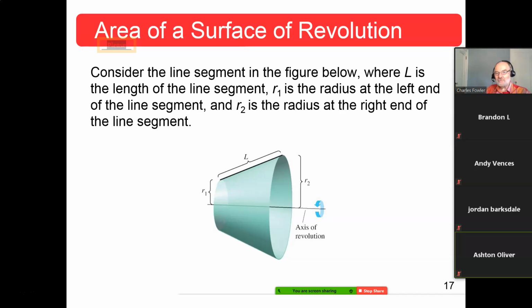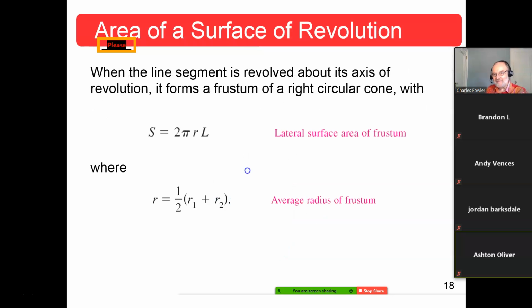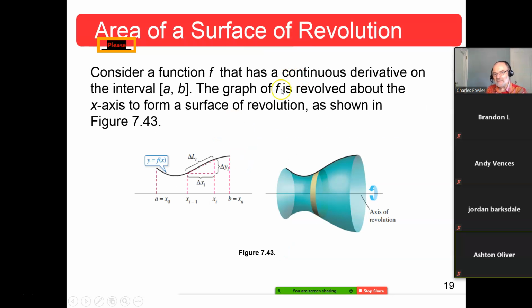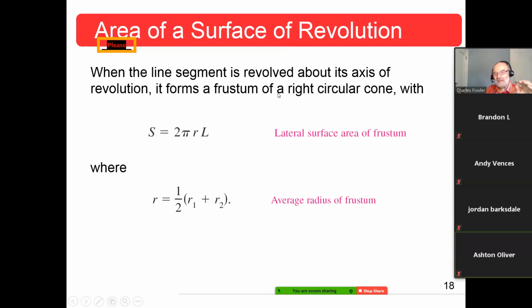So that's what you get, 2 pi r, where that r is the average between these two going around the axis of revolution. That would be the radius of that midpoint going around there. That would be 2 pi r times that length L. Now that r is the average between those two, the average radius of the frustum.